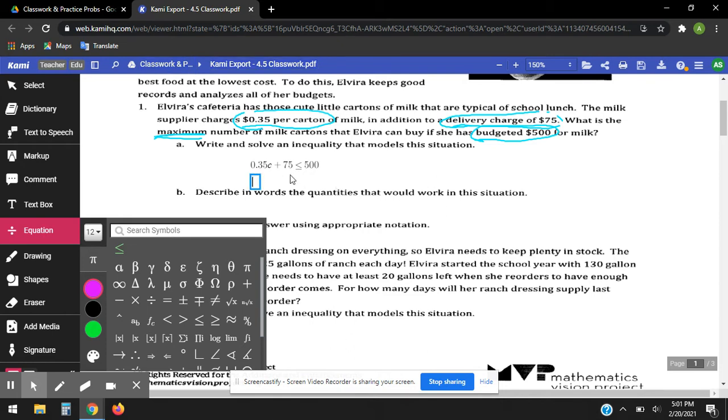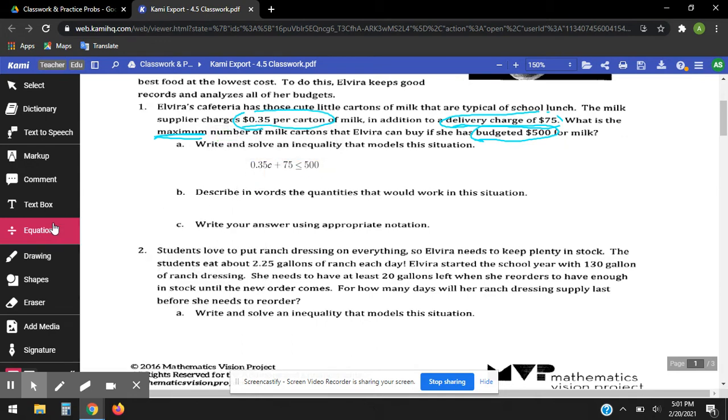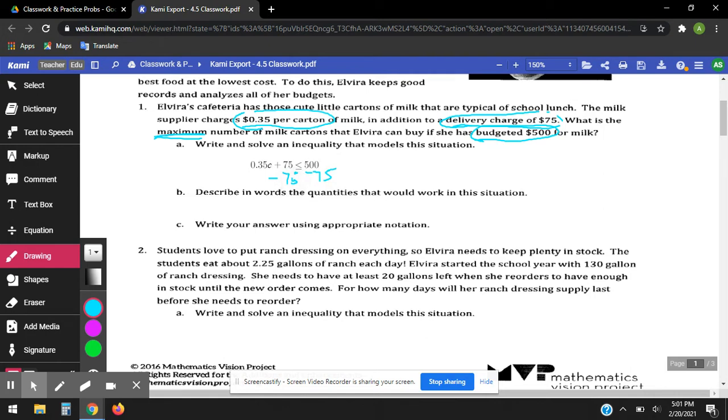So my next line, I have to then get my C by itself. How many cartons can she get with these restrictions? So first I'm going to subtract 75 from both sides. And that's going to cancel this one.